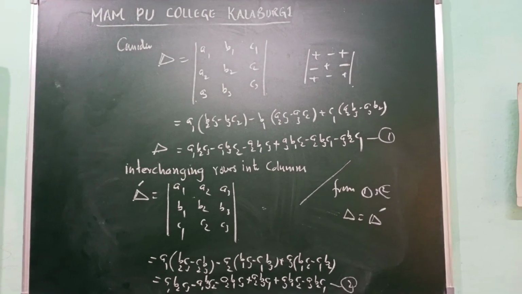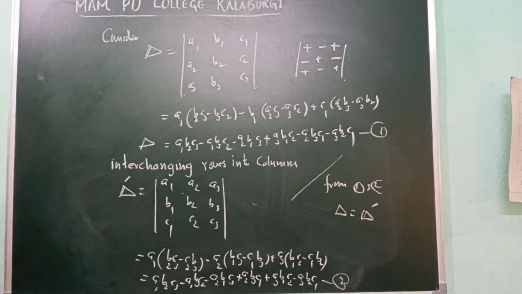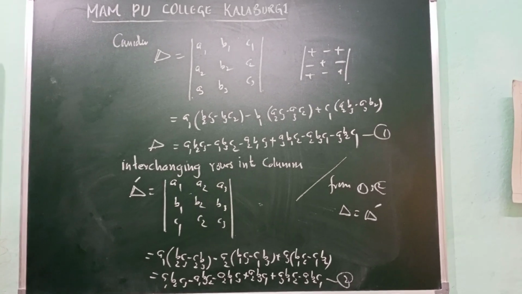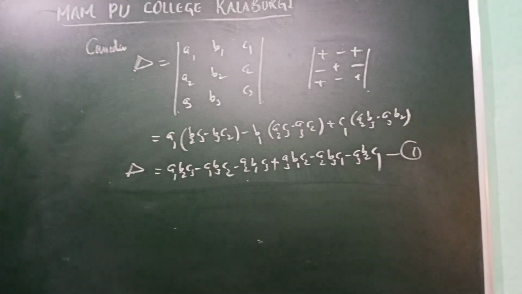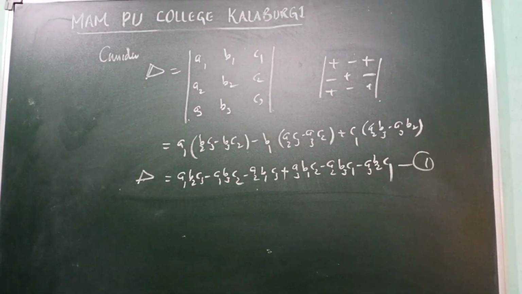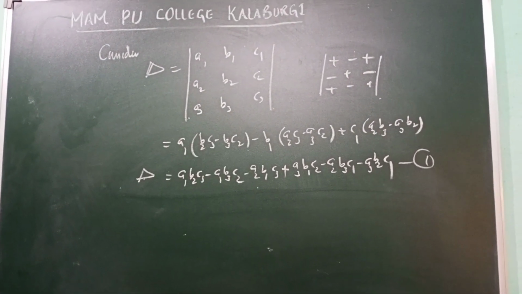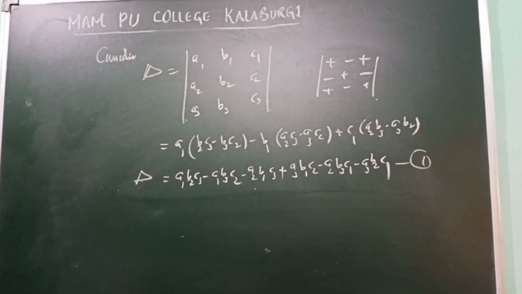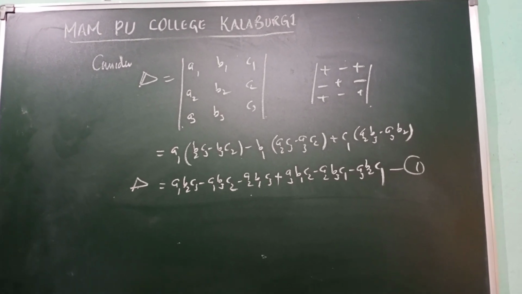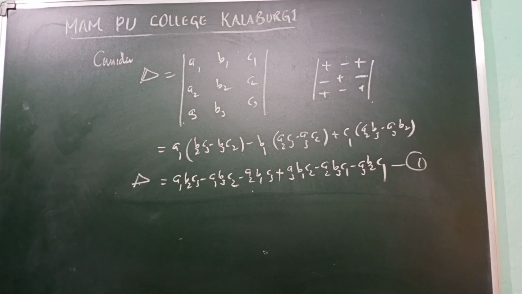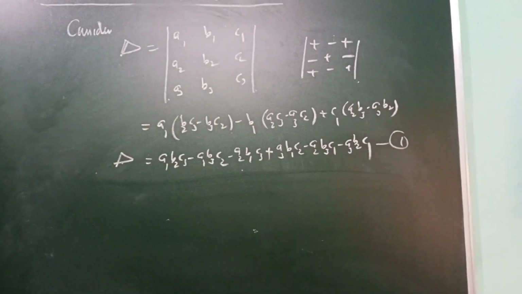Now let us discuss the second property of the determinant. The second property is that if any two rows or columns of a determinant are interchanged, the sign of the determinant changes.